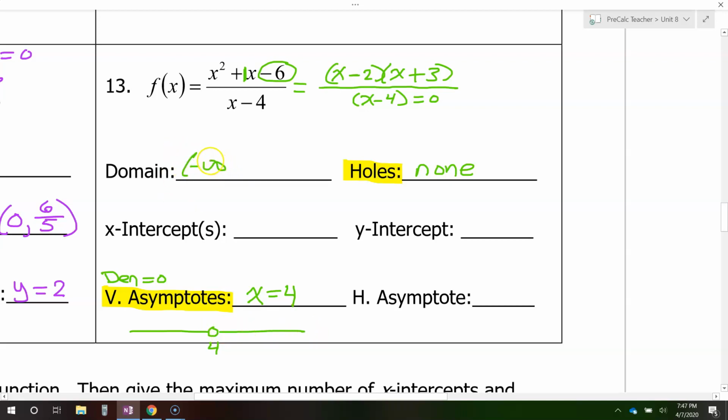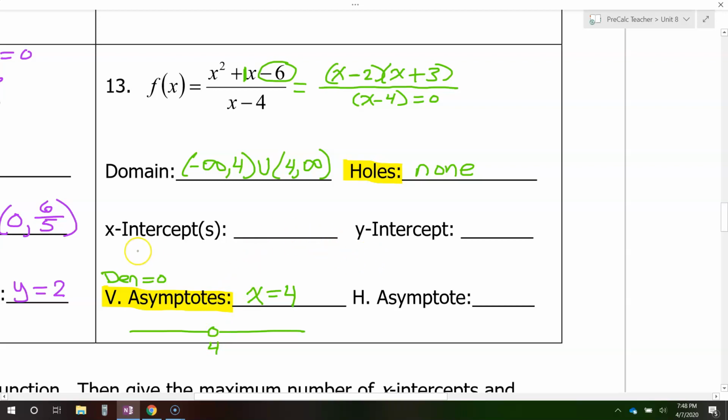So negative infinity to 4 union, don't just put a comma, and then 4 to infinity. Of course I'm using parentheses around the 4 because the 4 cannot be included in the domain, because it is an asymptote.